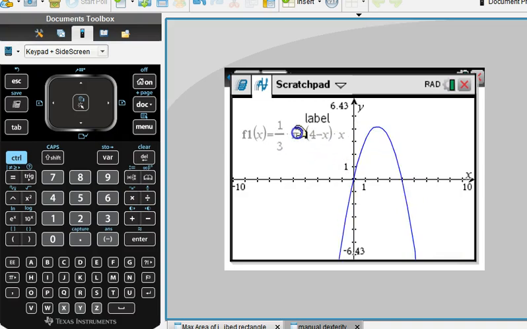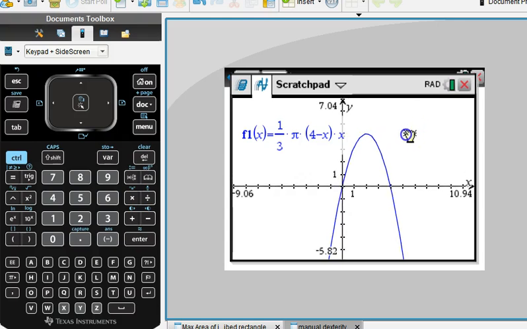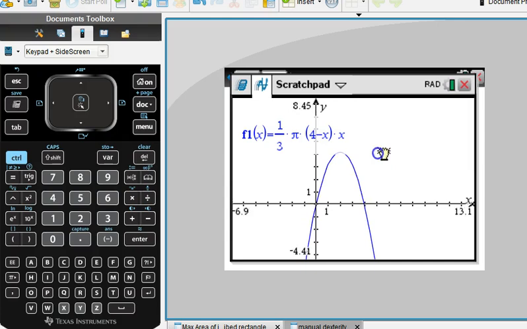Now we don't need very much height. You can see I'm only interested in the values from 0 to 4, and I can change my window setting or not. Here's a quick way to change your window setting you might not know. If you hover your cursor over an empty space on the graph, and hold down on your click pad until the hand appears, until it grips, you can just shift your graph.